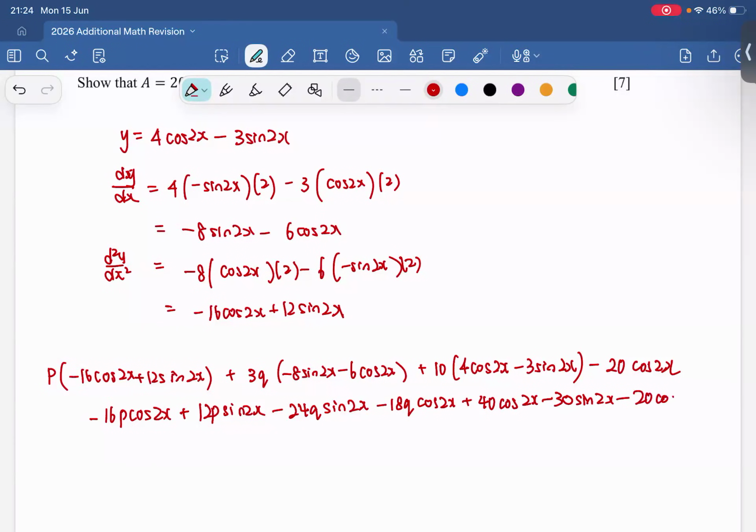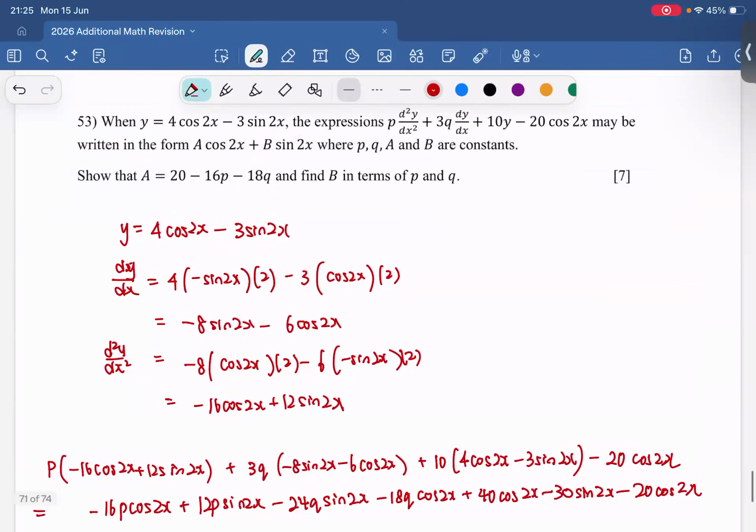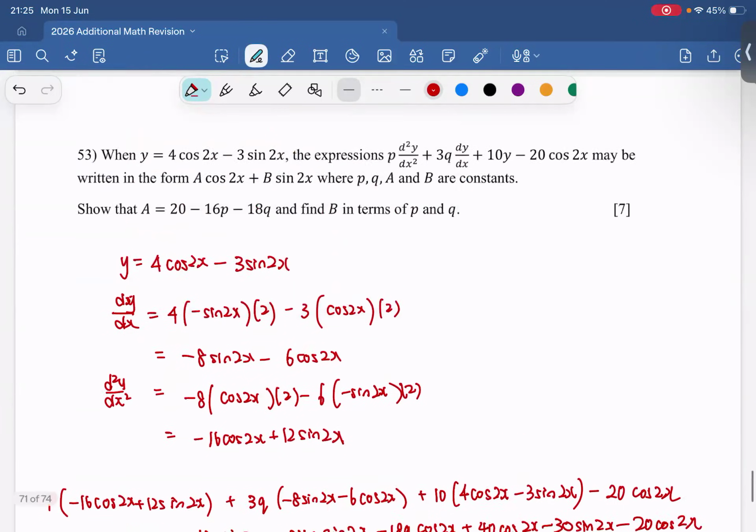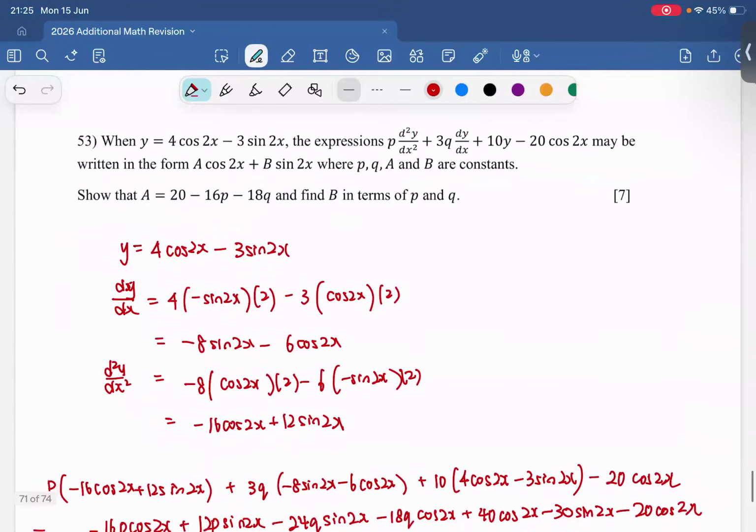Okay, what do you do next? They want A cos. So you put all the cos together, then you put all the sine together. Then you factorize your cos 2x. Do you get what they want? Yes. 20 minus 16p.